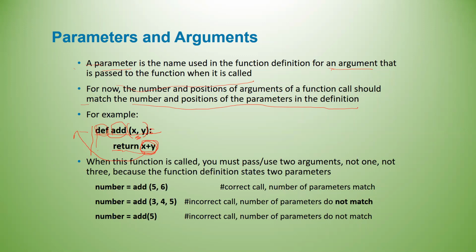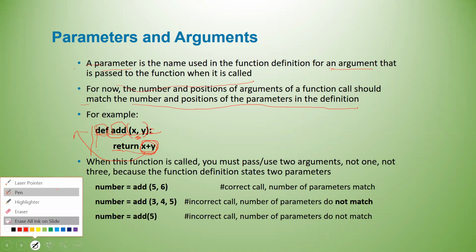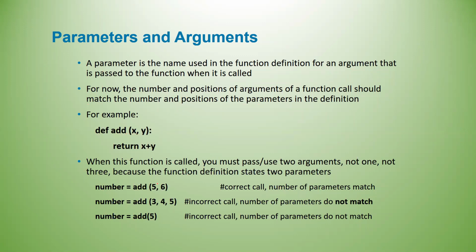And now let's look at this function call. When you call this function, okay, you just say add, right? You give it, okay, 5. That 5 will come here. And 6 will come here. And so this x now becomes 5, this y becomes 6. And you add them together, it gives you back a value which is 11.